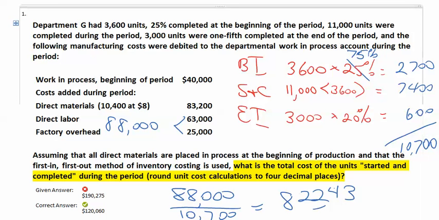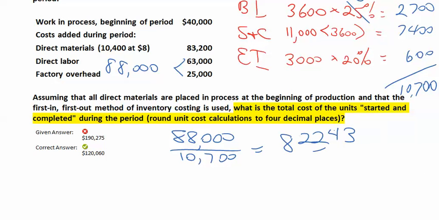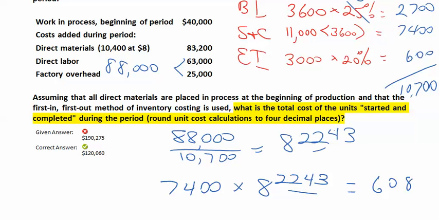So, for purposes of the conversion cost on those units that I started and completed, I can continue my calculation, and I'll take 7,400 times $8.2243. And it looks like I get 60,860.